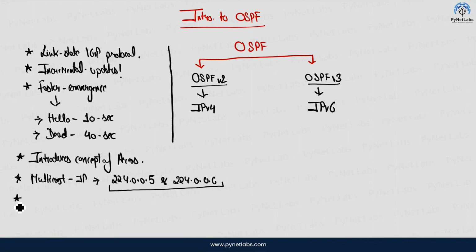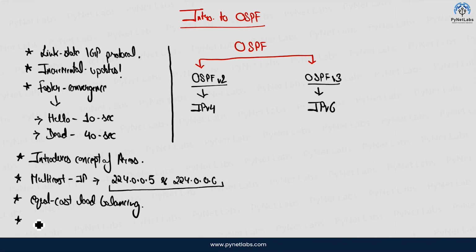It also supports equal cost load balancing up to 4 equal paths. It also supports authentication and it's a classless routing protocol. So these are some various features.